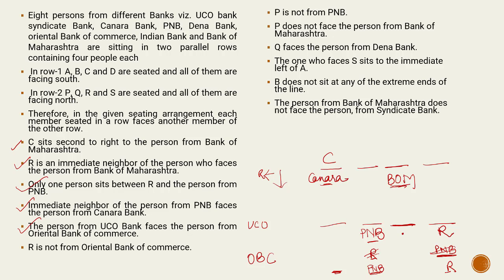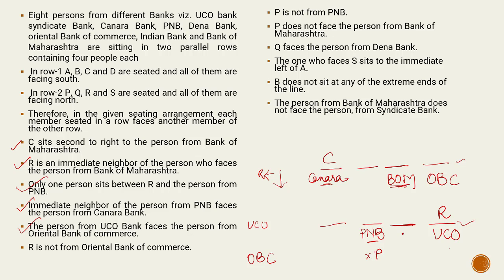So the only places where a bank has still not been allotted are these 2 places. And out of this I know that R is not from Oriental Bank of Commerce. So UCO Bank would be allotted to R, and in front of R we would have someone from Oriental Bank of Commerce.